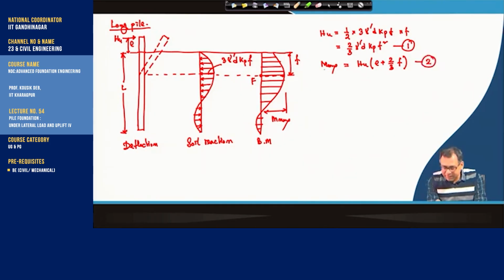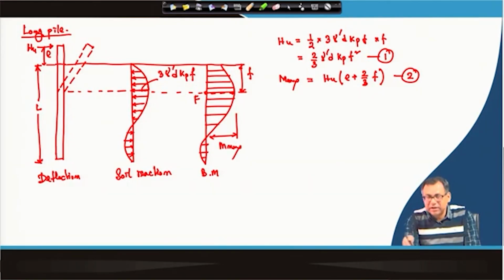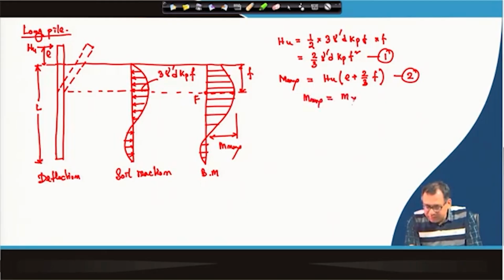Here Mmax is unknown, Hu is unknown, f is unknown. We have 3 unknowns, but we have 2 equations. So, for the long piles, a third equation will come, that the maximum moment Mmax should be the yield moment of the pile.